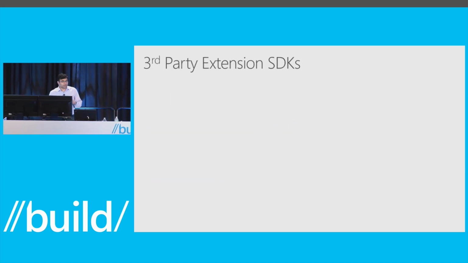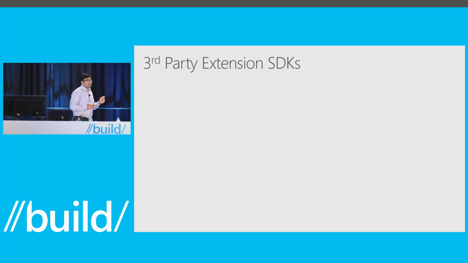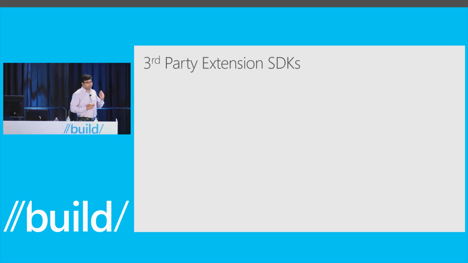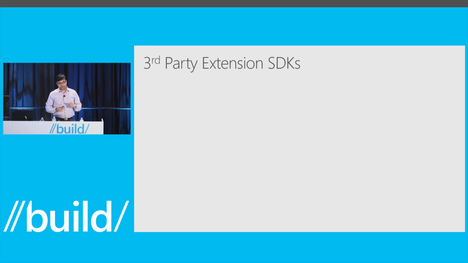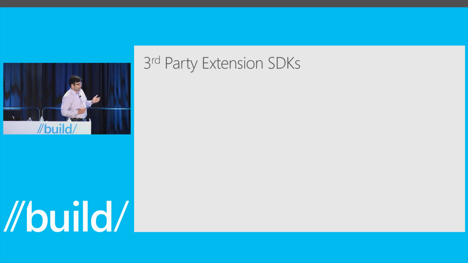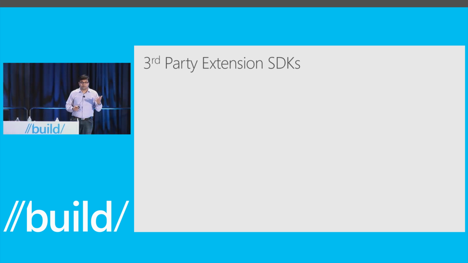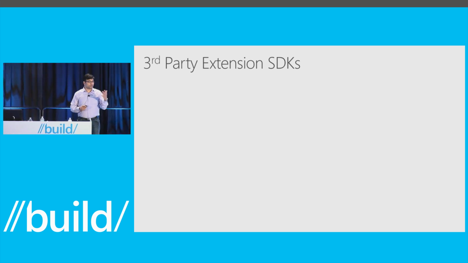Now let's talk a little bit about third-party extension SDKs. Extension SDKs have been a critical component for the Windows platform. Whether it's Windows 8, Windows 8.1, or Windows Phone 8.1, there are a lot of extension SDKs out there which developers are using. It's a common way for developers to share code and components with other users and developers.